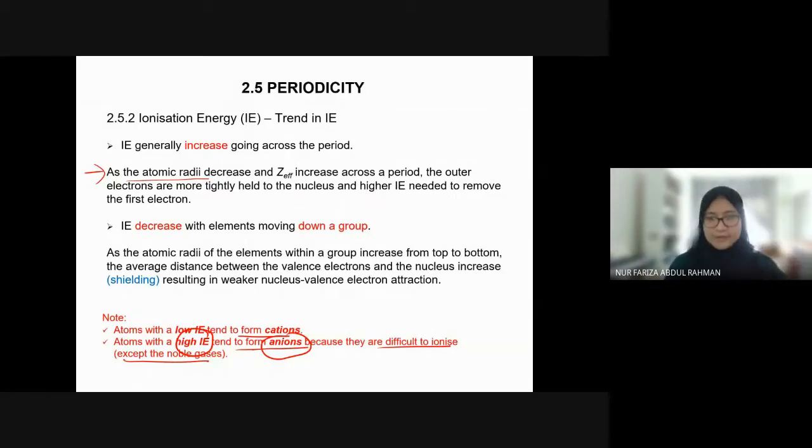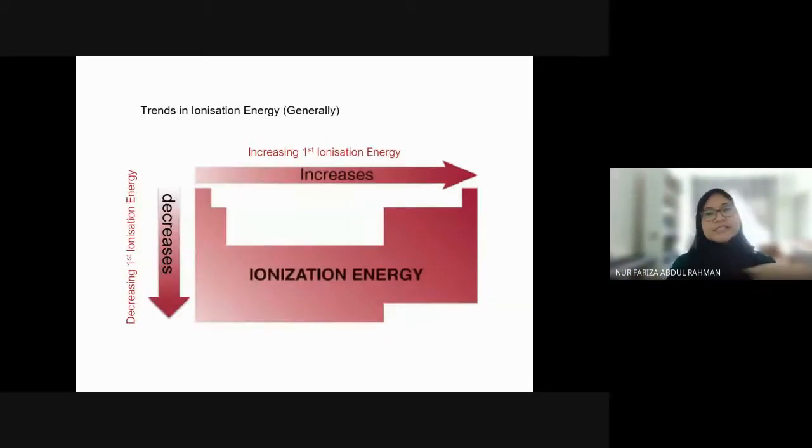Okay, right. Okay, so this is the general trend. Across the period, the ionization energy increases due to Z effective, okay? Down the group, the first ionization energy decreases due to shielding effect.